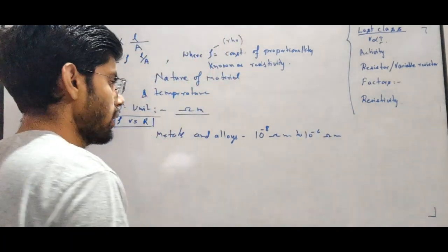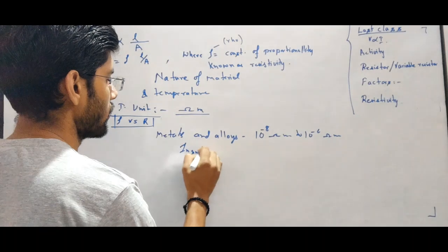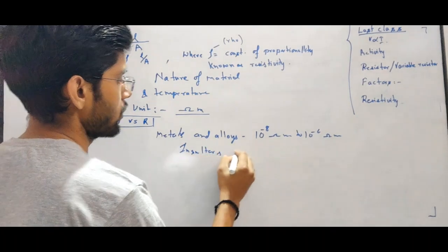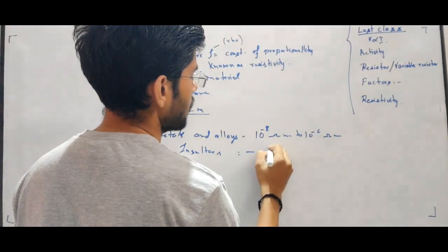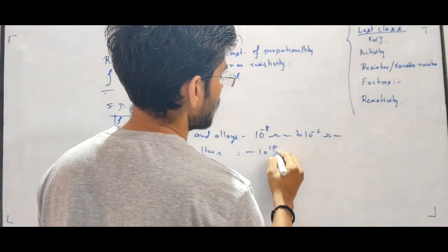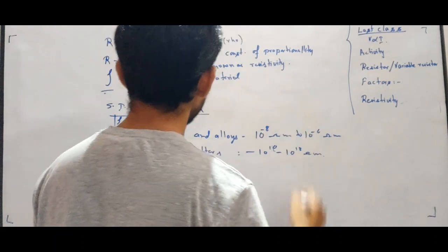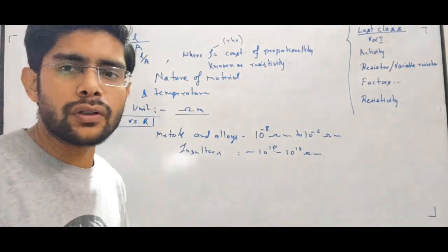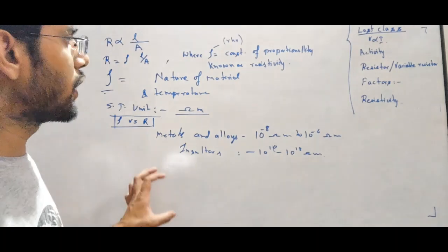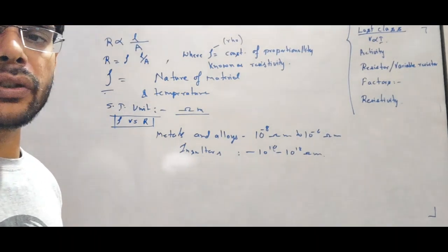But whereas for the insulators it is quite high, in the range of 10 to the power 18 ohm meter. So this is the concept for today. Now we will try to see some numericals based on this.